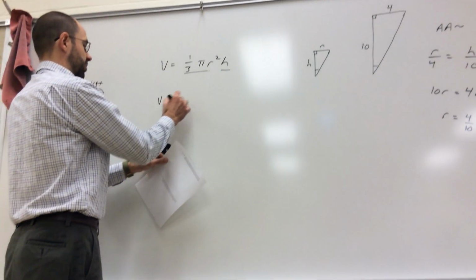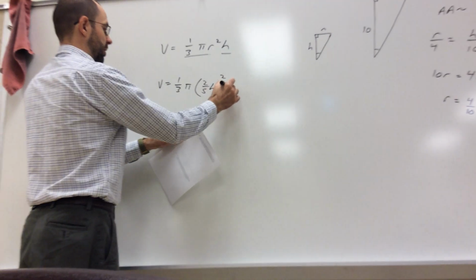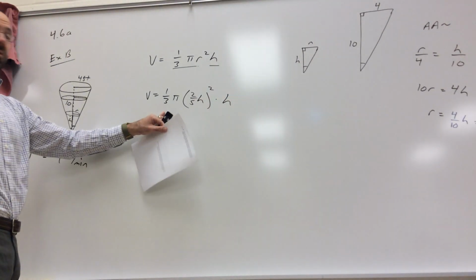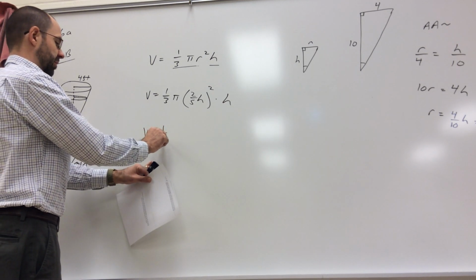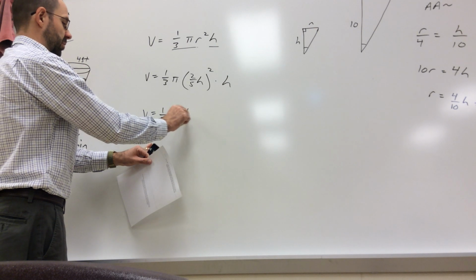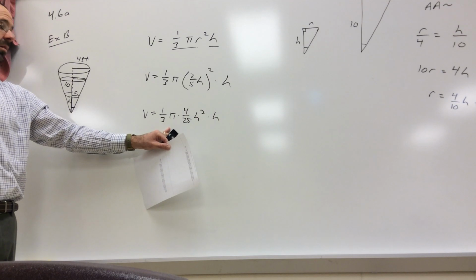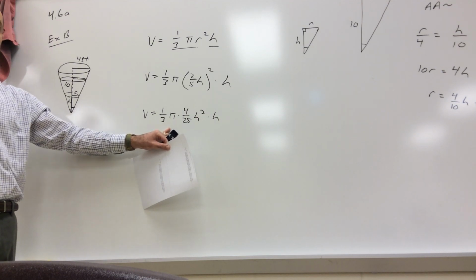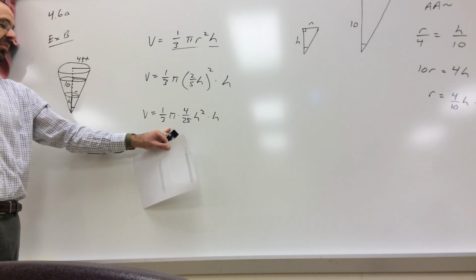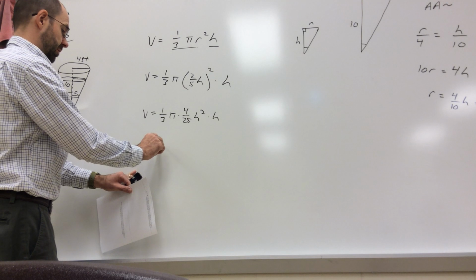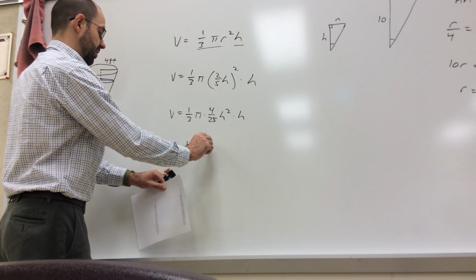So now I've got volume equals 1/3 times pi times 2/5 h squared times h. So that's volume equals 1/3 pi times 4/25 h squared times h. And so then that is 4/75 pi times h cubed.